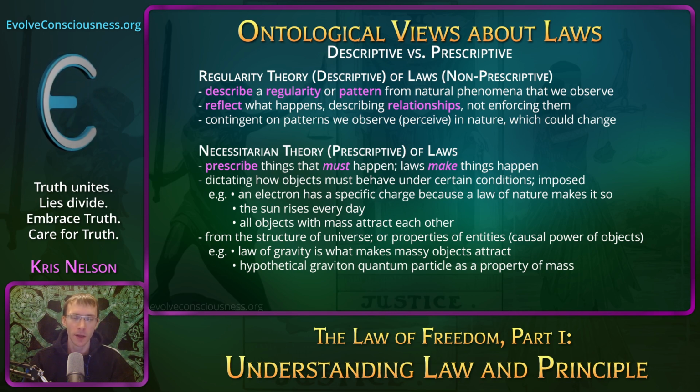And you'll see how the not enforcing them, based on things that can change because our perceptions can change, is not too harmonious with the prescriptive view, because the prescriptive view is the necessitarian theory of laws of nature.